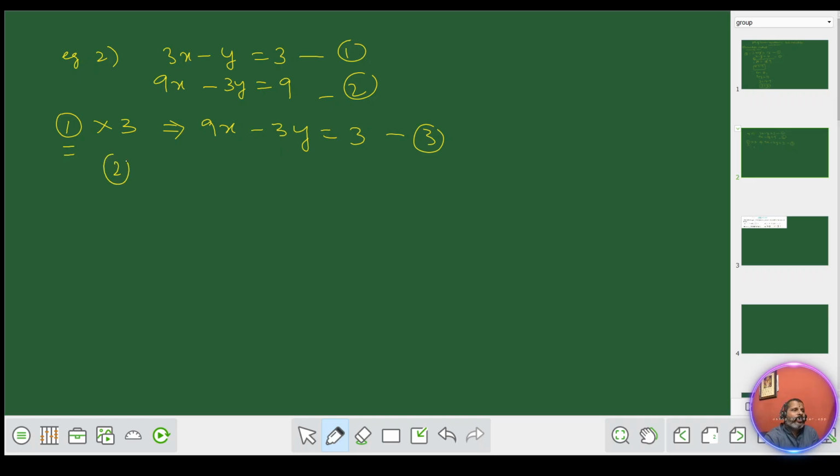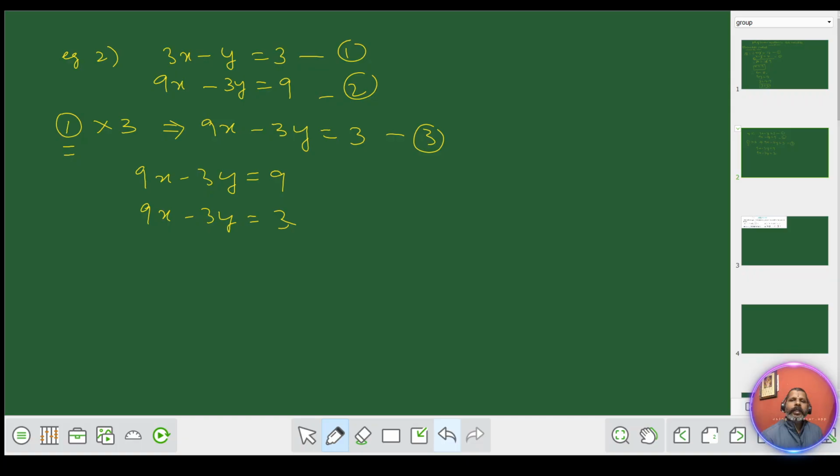So we have to do subtraction here. How do we do that? You write the second equation first, then the equation we just constructed. Remember, making the coefficient equal is up to you, your choice.